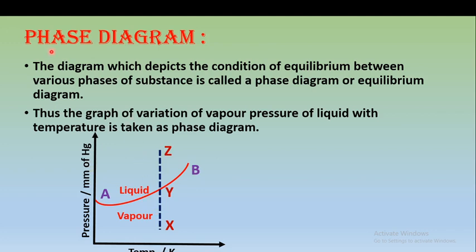A phase diagram is a graph of pressure versus temperature, a diagram which depicts the condition of equilibrium between various phases of a system. Here we have considered the phases liquid and vapor, so it is called a phase diagram or equilibrium diagram.